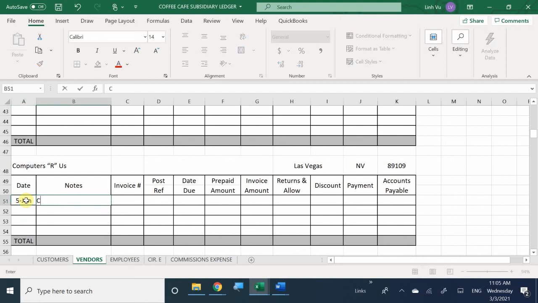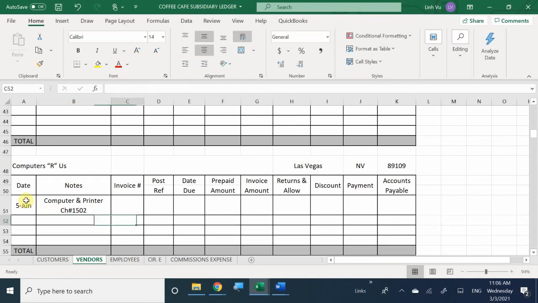I'm going to indicate that I bought a computer and printer, and I also wrote this on check number 1502. Now you could be specific and say my computer cost me $1,834.84, while my printer cost me $378.87. Whatever you want to do, but in this case, I am okay with just this piece of information. Now, what is my invoice number?